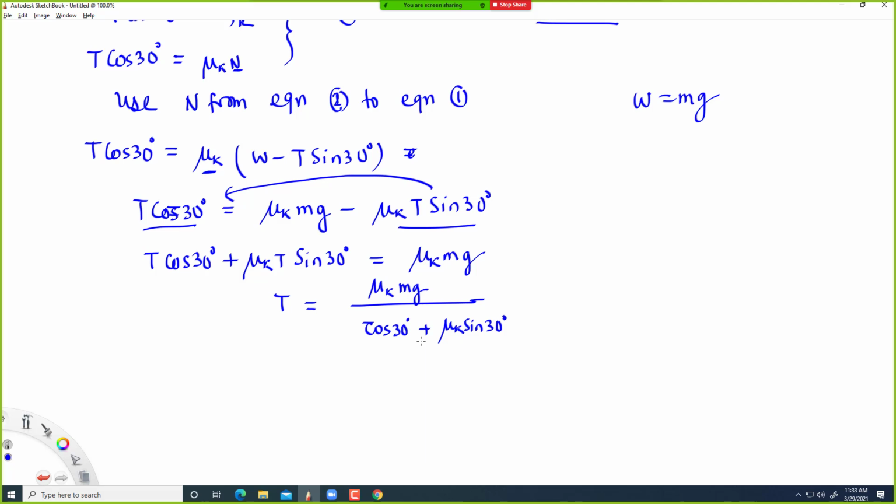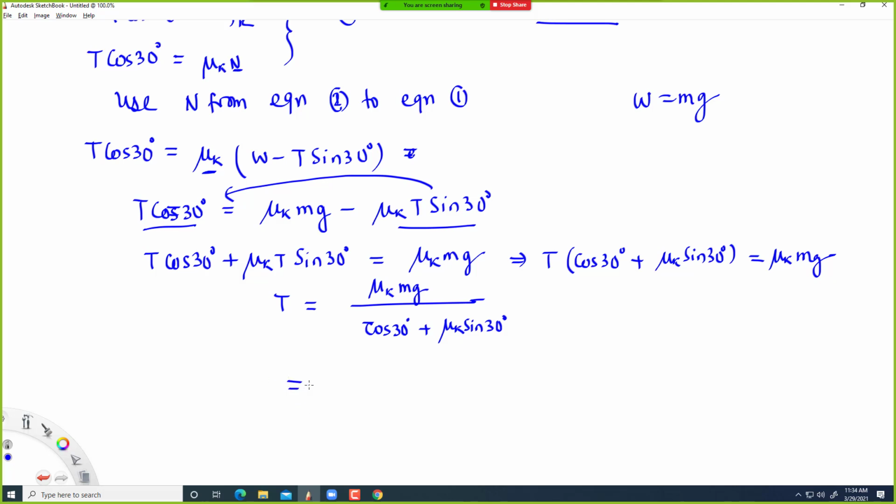If you want to do one more step, it would look like T times cosine 30 degrees plus mu k sine 30 degrees is equal to mu k mg, and then you get that expression.